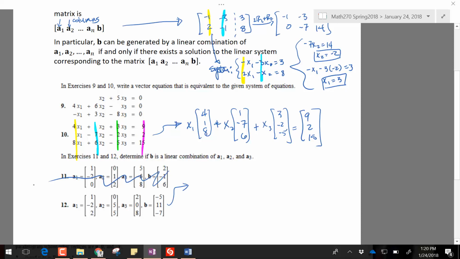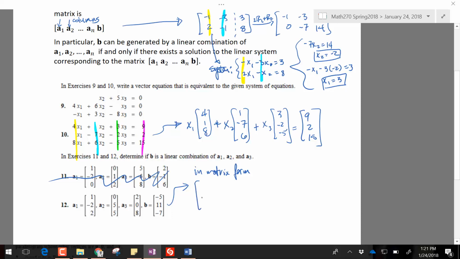So essentially, you can write it as a vector equation and solve for it, but you're really just solving for a system. So why don't we just write it as a matrix and try to solve for it that way? Because if we can write this into a matrix, then we just row reduce and see if we have any solutions.